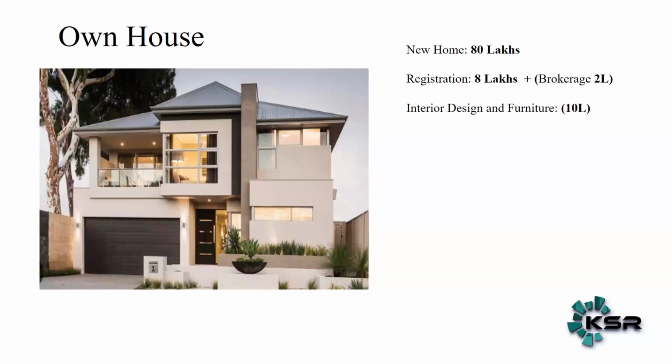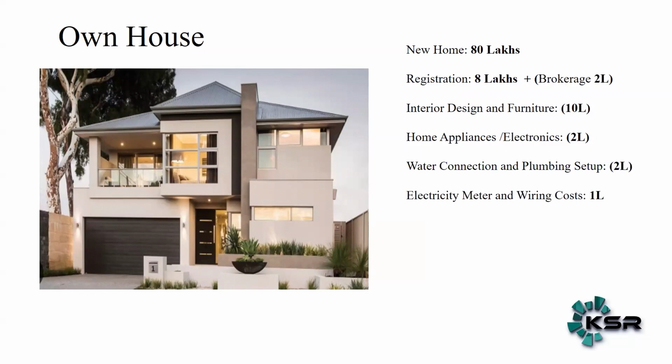Interior design, a proper kitchen, properly designed interiors, 10 lakhs. Home appliances, geysers, fans, AC, lights, 2 lakhs. Water connection, plumbing setup, the connectivity from your tank to your house, 2 lakhs.